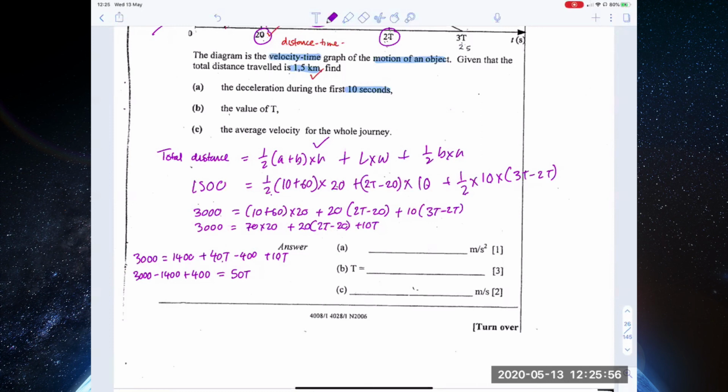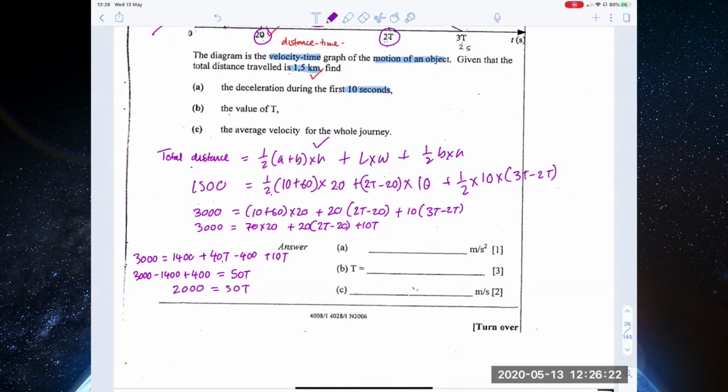What is 3000 minus 1600? I'm giving you the answer already, I was thinking ahead. So it's 1600 plus 400 is 2000, isn't it? So 2000 is equal to 50t.